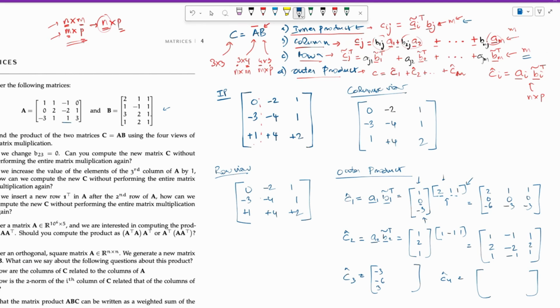So you're taking this, and this. What about the second one? No, it will be minus 2, minus 4, 2. Here. This with this. That means the first column will be 3 times this, the second column will be 2 times this, the third column will be 1 times this.